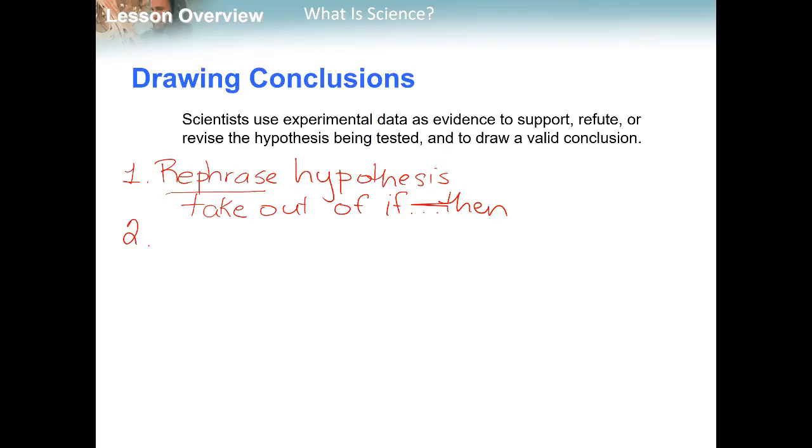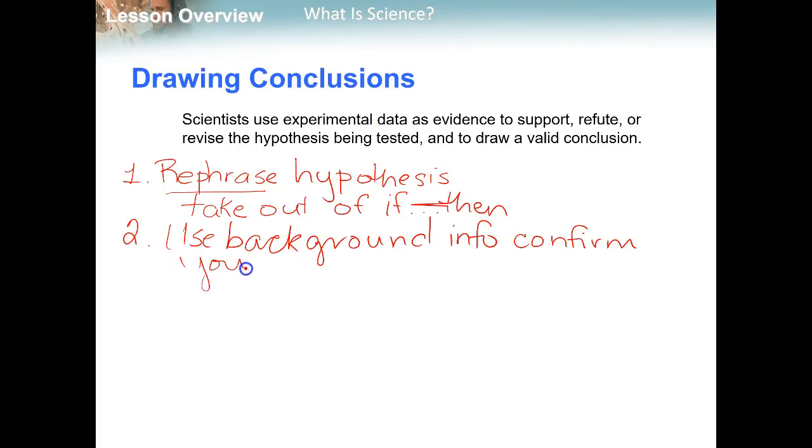The next thing is I want you to use background information. And I want you to use this background information to confirm your findings. Or maybe you're not confirming them, but you're refuting them.